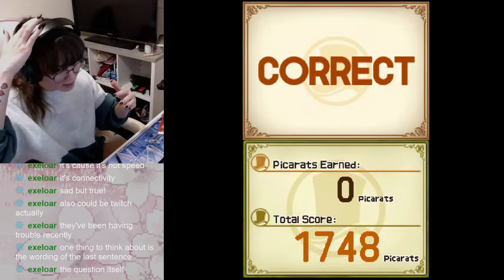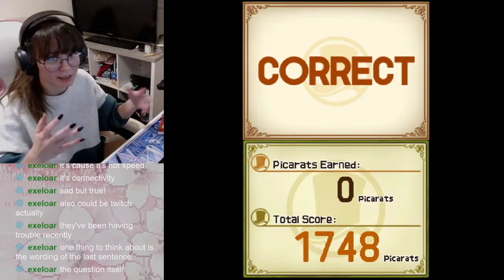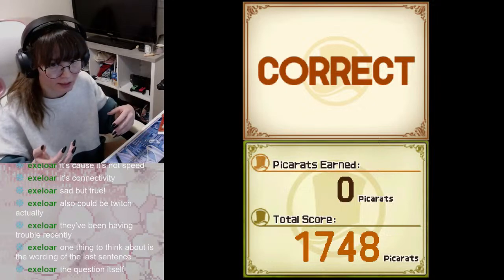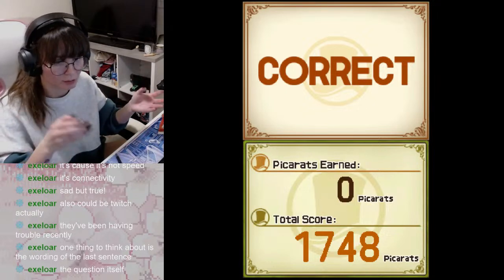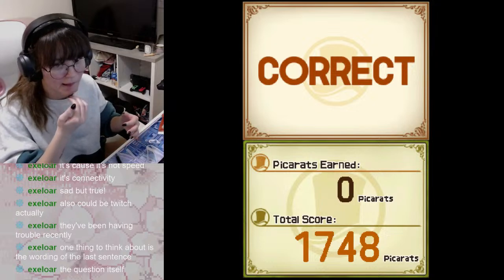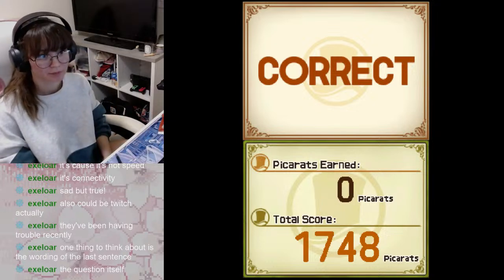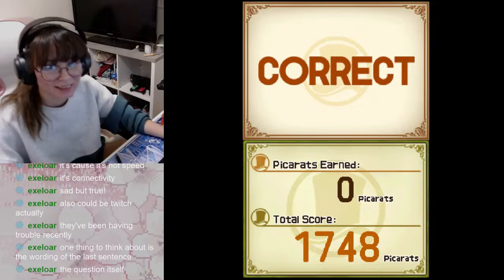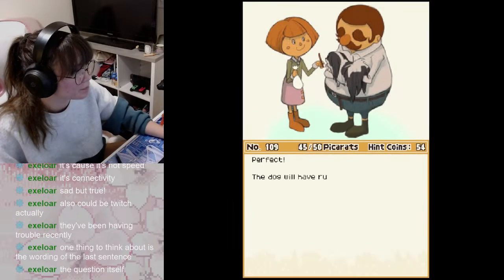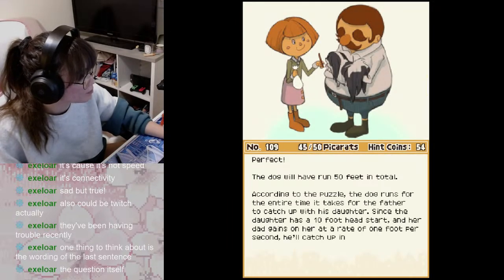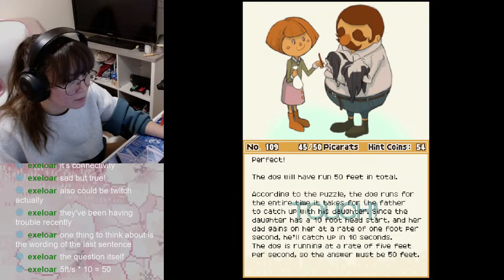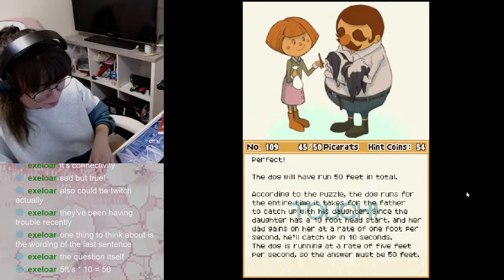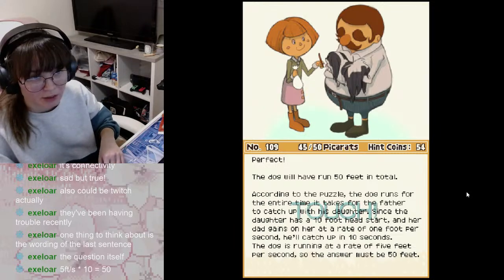So I just had to figure out how long it takes the dad to get to the girl, and that's how many seconds to multiply by 5. The reason I put 45 was because I forgot to count the last one.